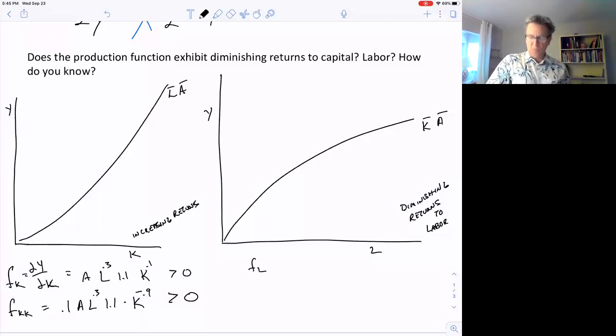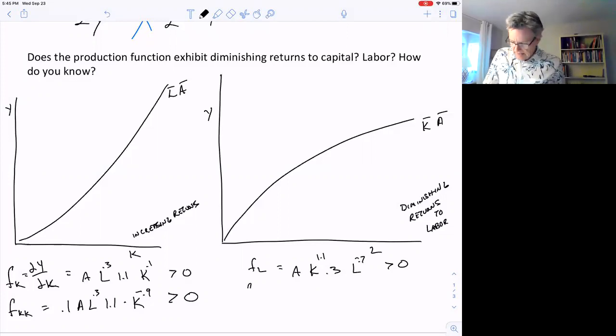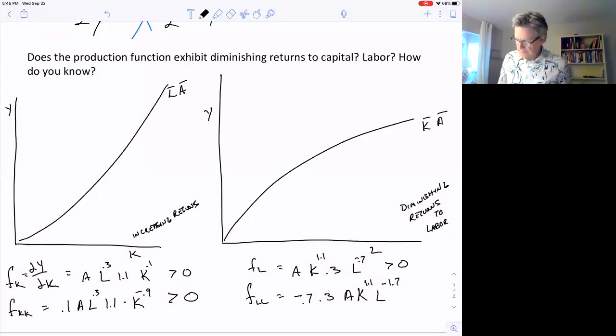Over here on labor, we took the partial derivative of y with respect to labor, we get A K to the 1.1 times 0.3 L to the negative 0.7, which is greater than 0. Slope is positive. But the second derivative, to see how that slope is changing, is negative 0.7 times 0.3 times A times K to the 1.1 L to the negative 1.7.